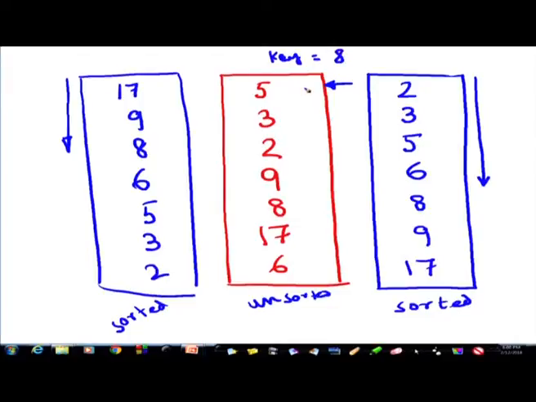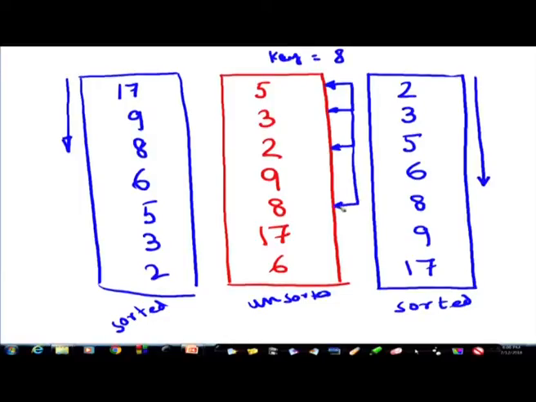So, I start from the top, look for the element matching the key, 5 is not matching 8, then I go on increasing this index and go on comparing till I find either, if 8 is not there, I will come to the end of the array, all the elements have been checked, I have not found the match, or when I get the match, I will say that at this position I have got the key matching.